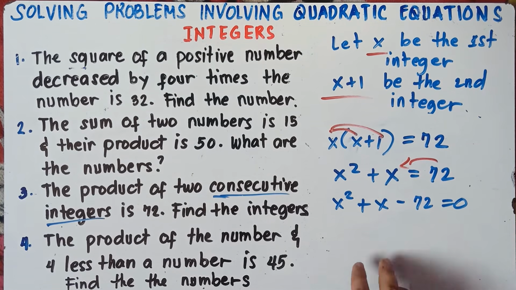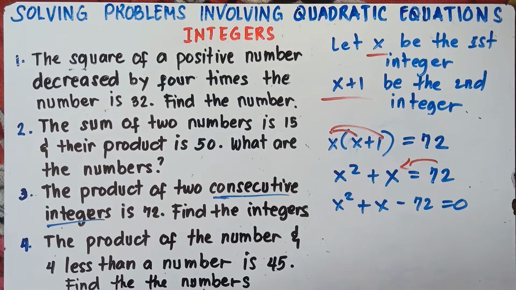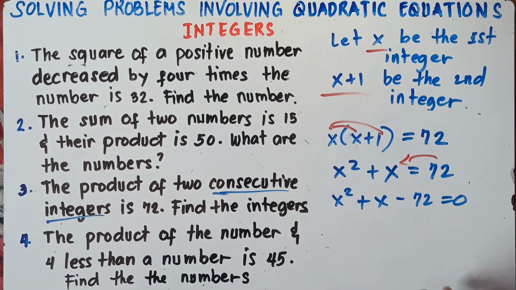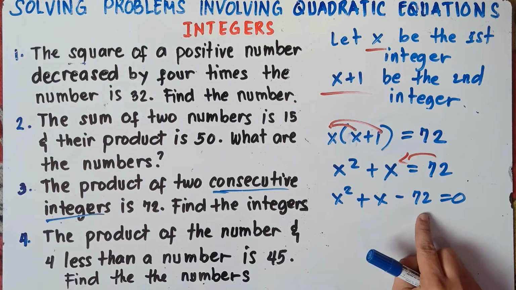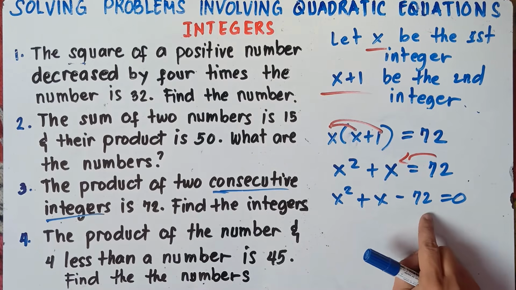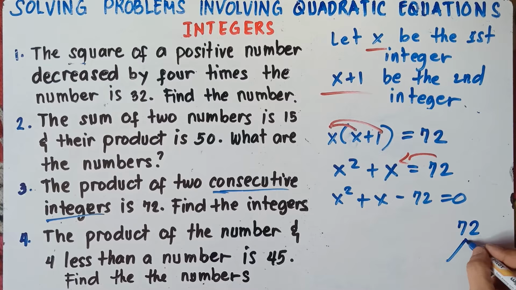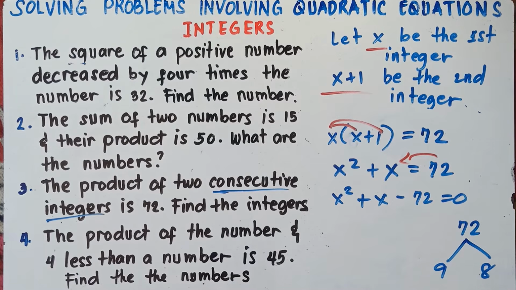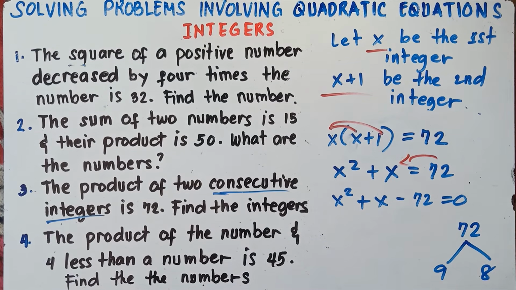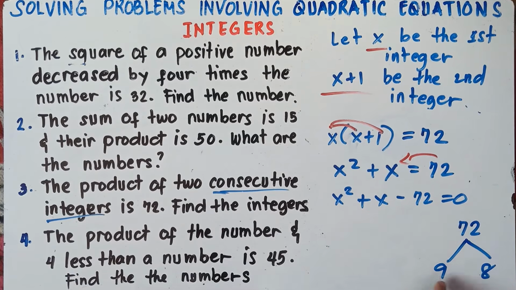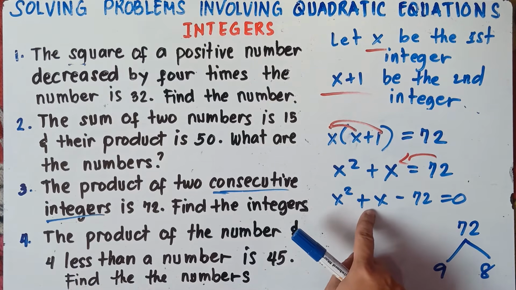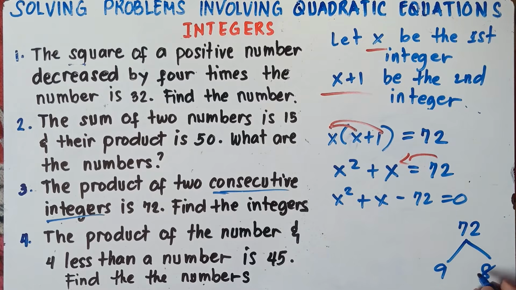So you factor this out, class. You think of two numbers that when you multiply, you will get negative 72, and when you combine, you will get positive 1. Of course, for 72, there will be 9 and 8. Since this is negative 72, one number should be negative, and since we have positive 1, 8 will be negative, class.